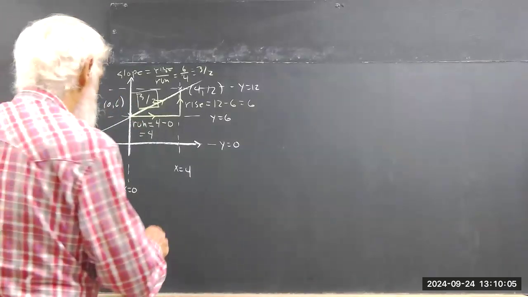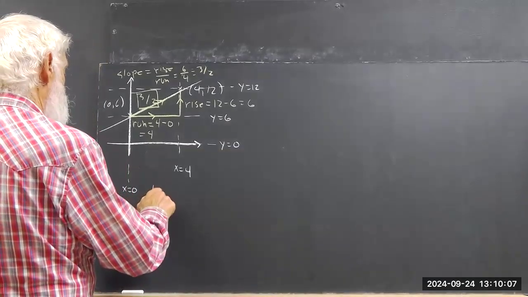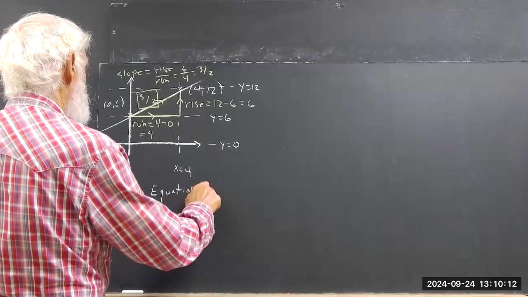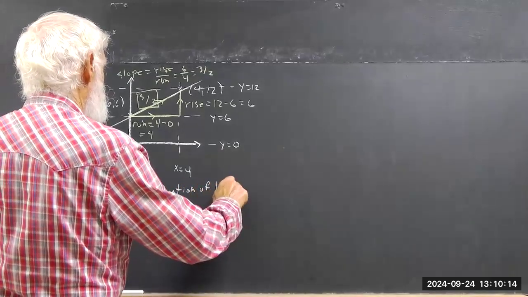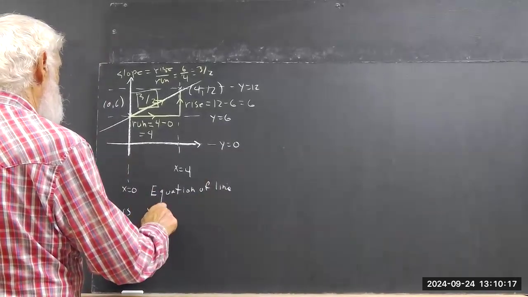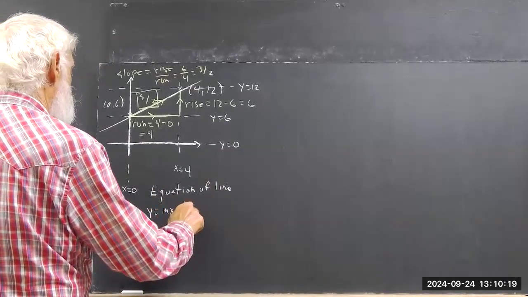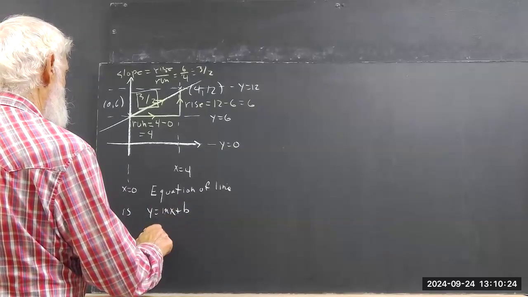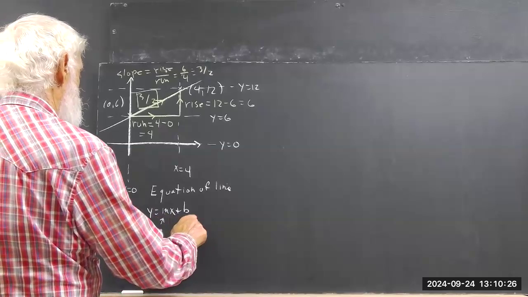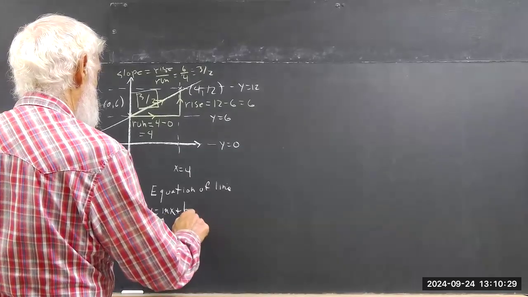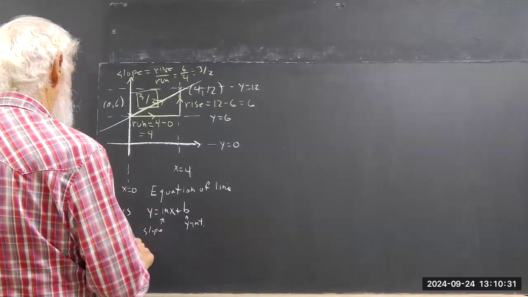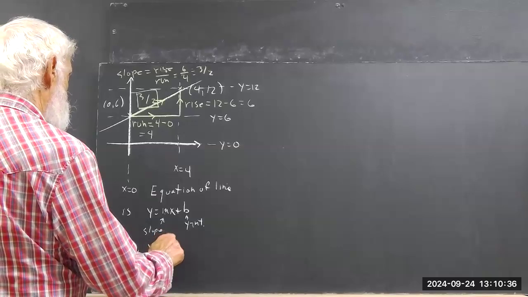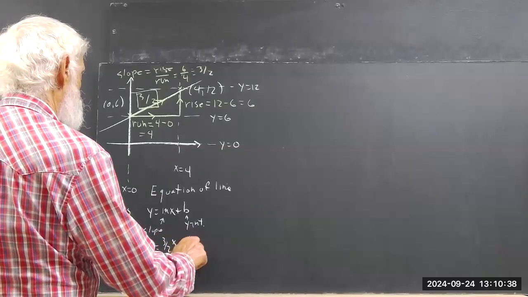So the equation of the line is y equals mx plus b. m is the slope, b is the y-intercept. y equals 3 halves x plus 6.